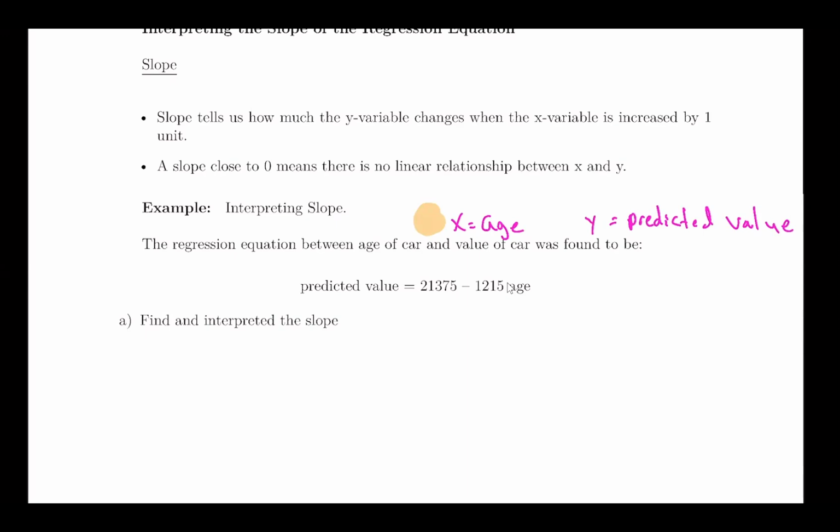So x is the age of the car, and y is the predicted value of the car. Age is in years, so it's telling us 1 year has passed, 2 years have passed, and so on.